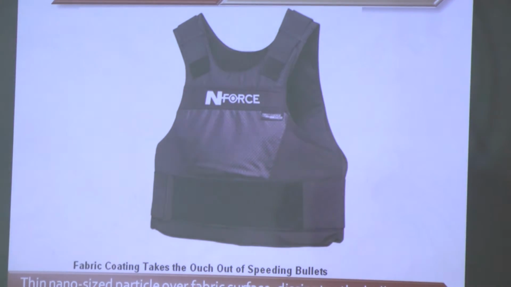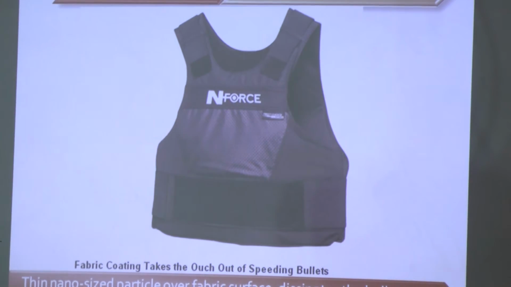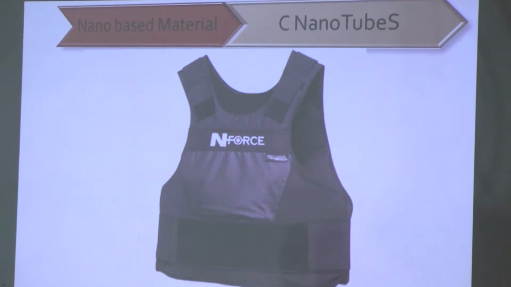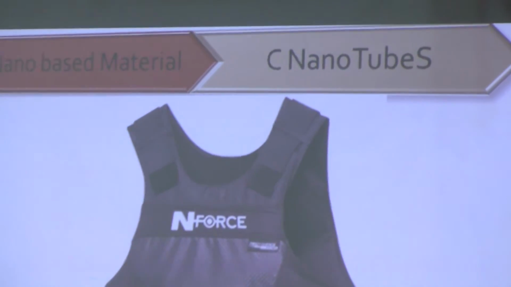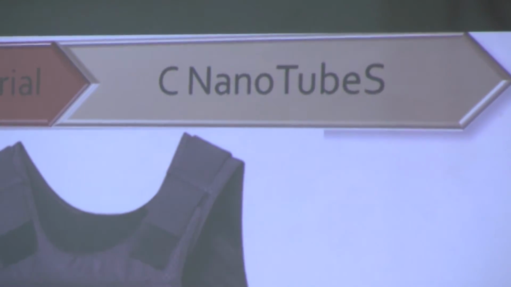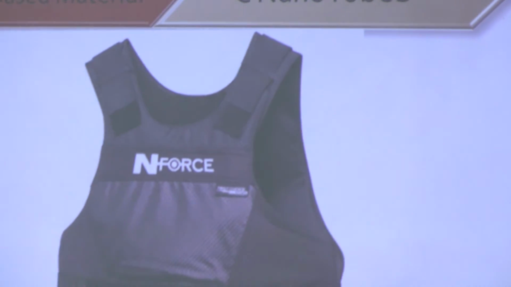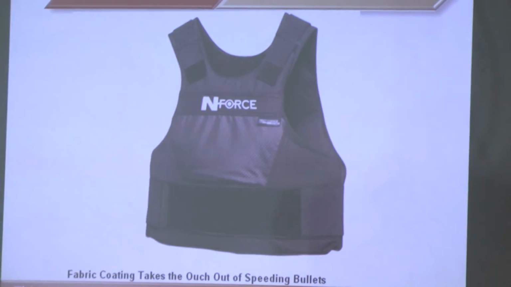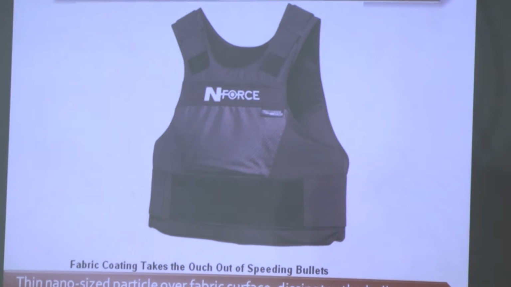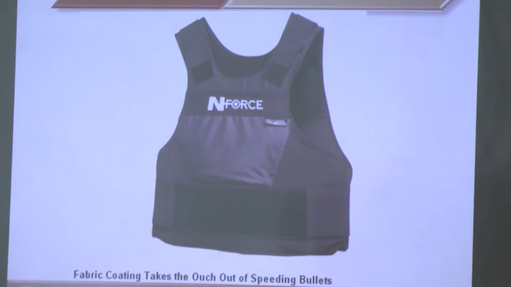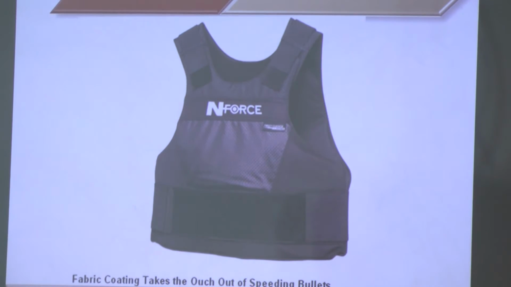This is the kind of thing where I would like to tell you about nanotubes, when they are mixed with the fabrics, they give more strength. If you want to understand the mechanism of how the bulletproof jacket works, you have a bullet coming with very high kinetic energy, and it tries to penetrate and pierce into certain things.